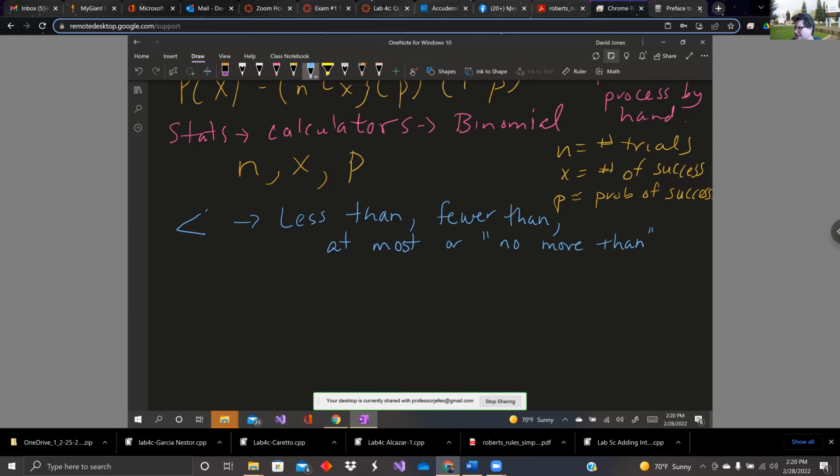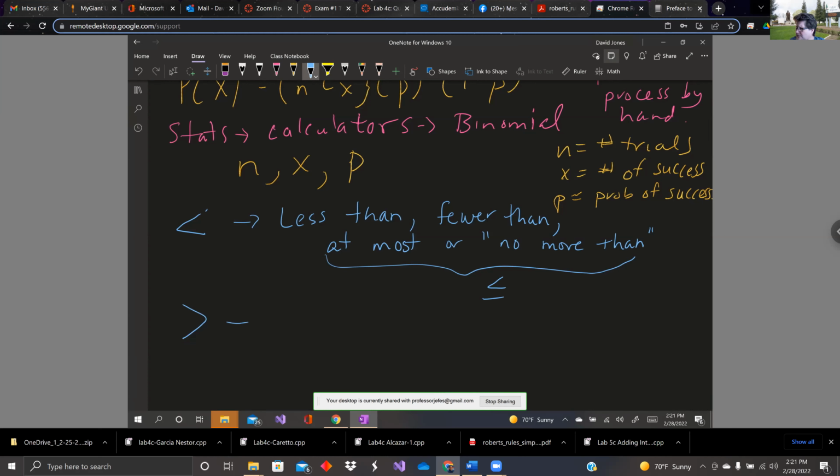They're all implying less than or less than or equal to. These two tend to be the less than or equal to ones. And those ones right there tend to be the just strictly less than.